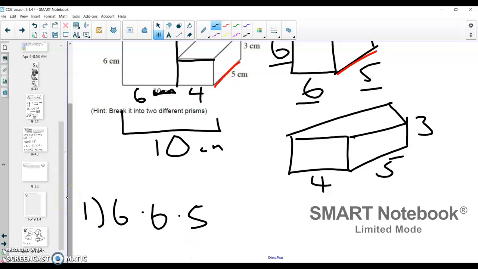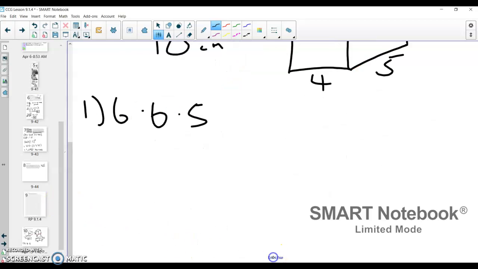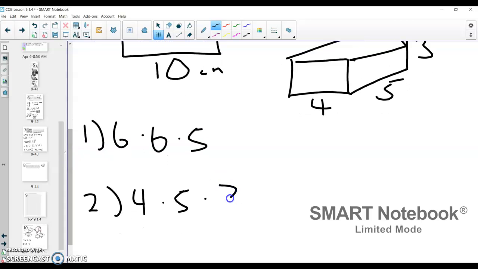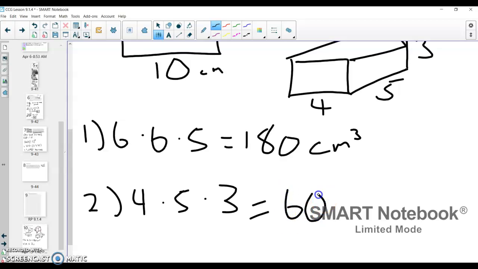And for the second shape, it is 4 times 5 times 3. All right, actually calculating this out, 6 times 6 times 5 gives me 180 centimeters cubed, because it's a volume. And the second one is 4 times 5 times 3, which gives me 60 centimeters cubed.